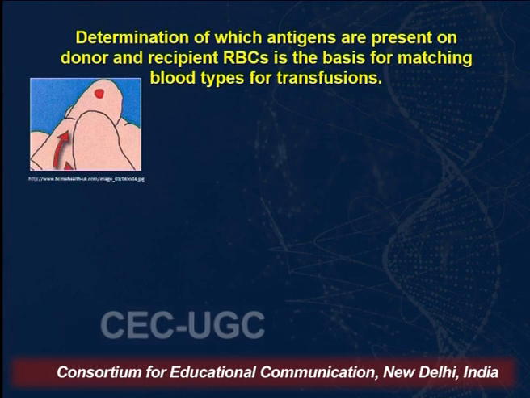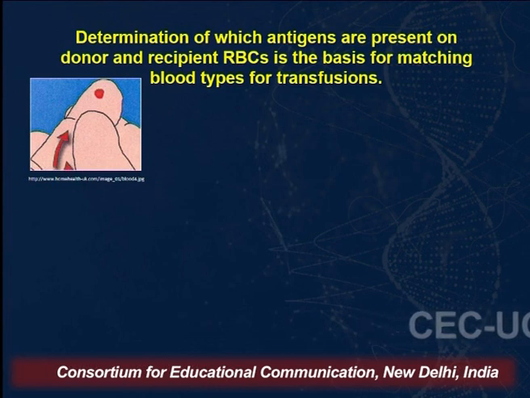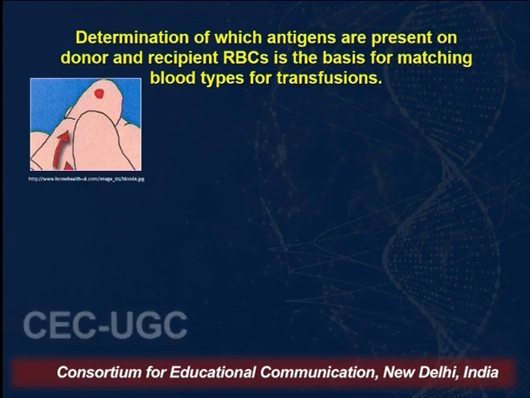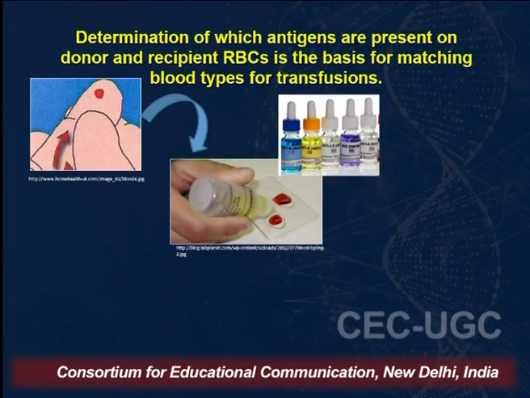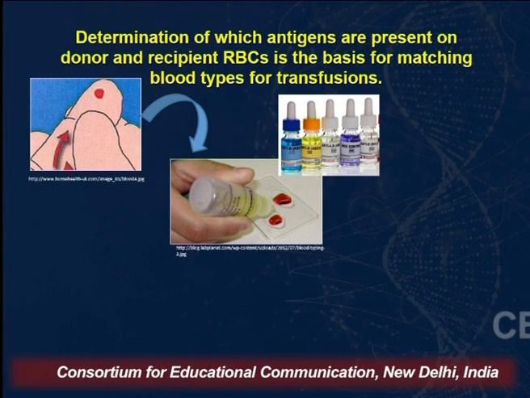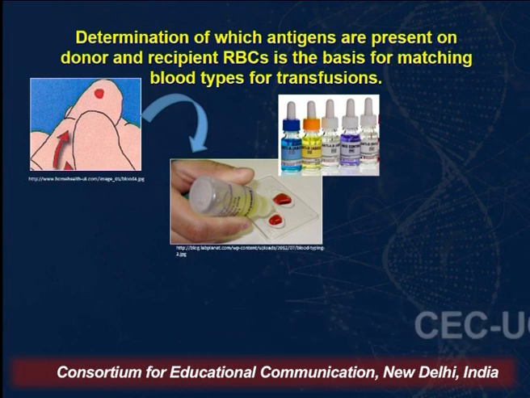To determine whether the recipient's RBCs contain a specific antigen or not, a blood prick is done on the finger and the blood is taken up. There are various antibodies present: anti-A, anti-B and anti-D, which corresponds to the Rh factor, Rh positive or Rh negative.